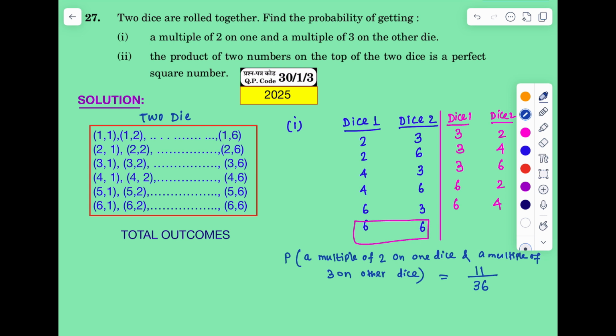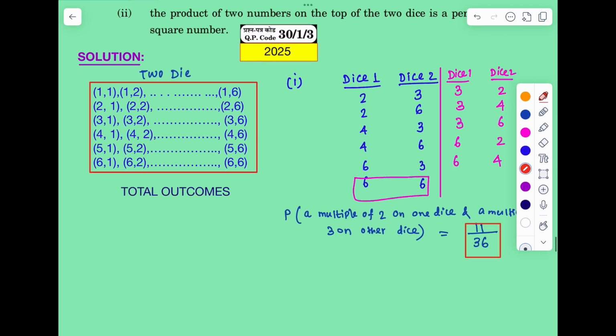The number of favorable outcomes is 11, divided by the total number of outcomes, 36. So for the first one the answer will be 11 by 36.